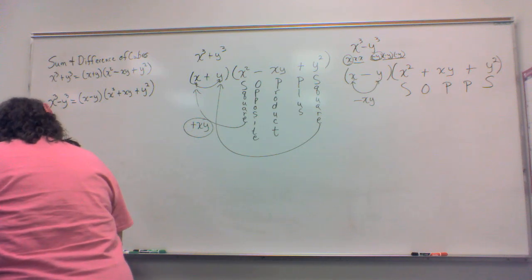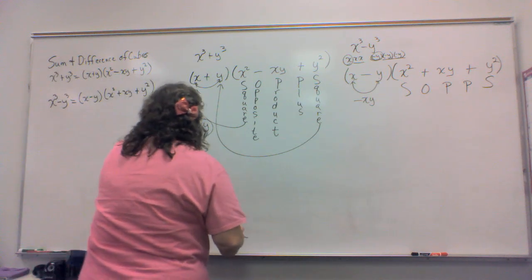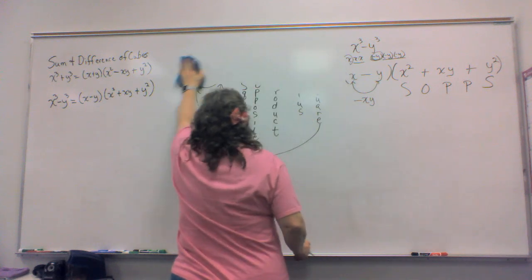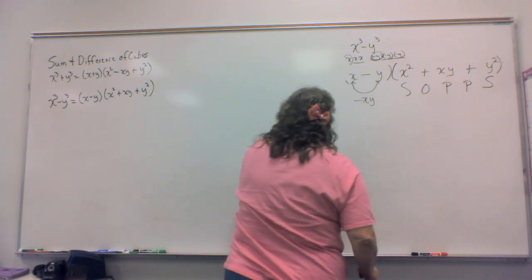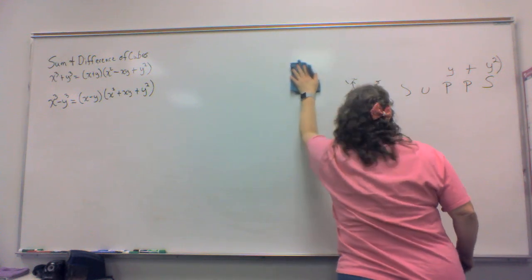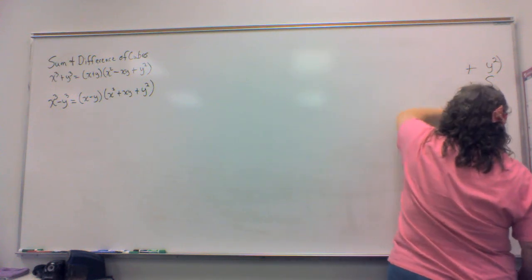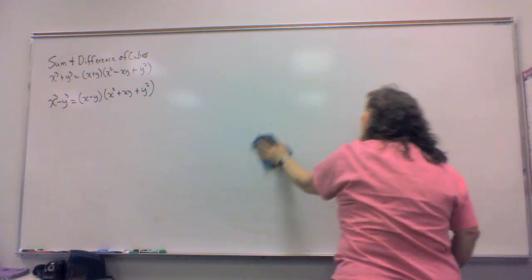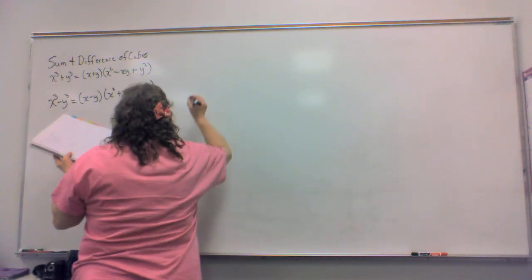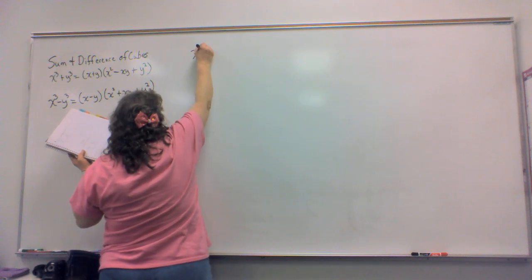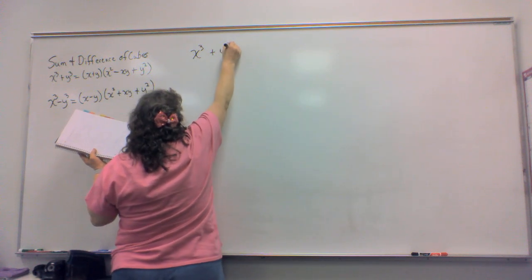Now, let's look at one other potential method. If you tend to be really visually oriented, this one is called the rabbit ear method, okay? So let's look at our rabbit ear method. X cubed plus y cubed.